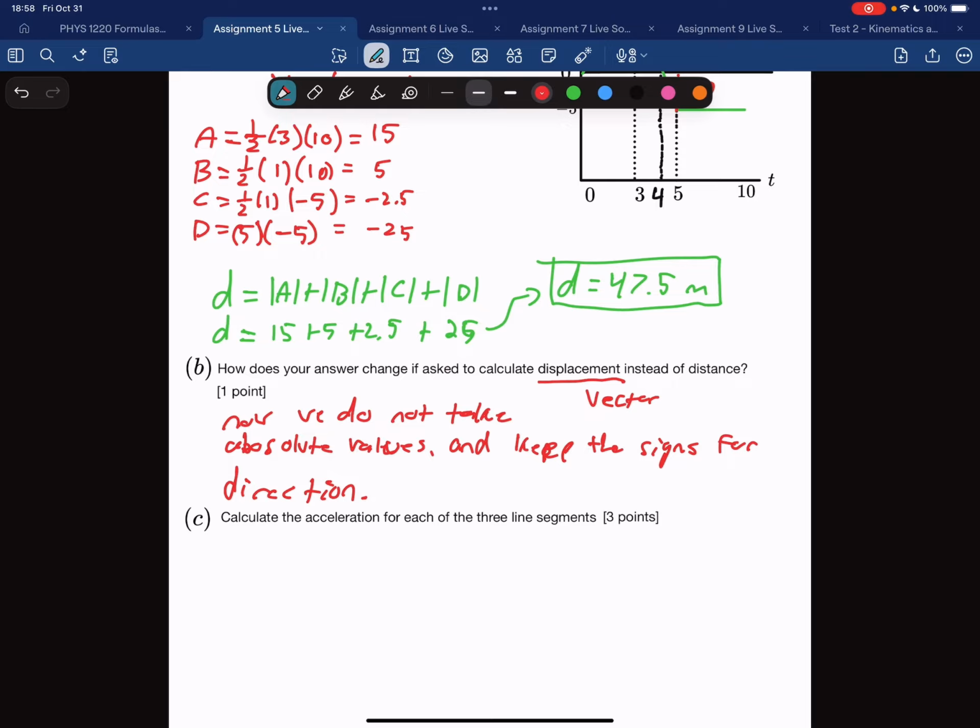And if you're curious, the displacement ends up being -7.5 meters. You may go ahead and try that on your own.